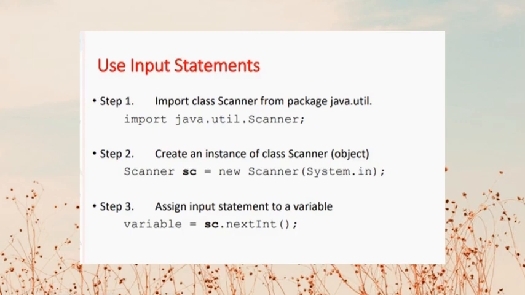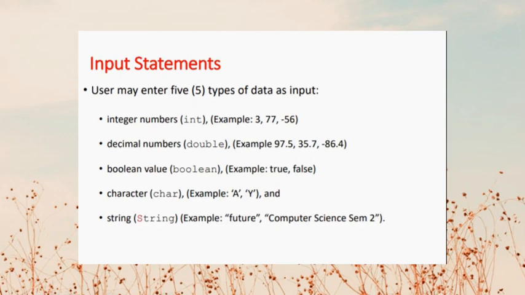A user may enter five types of data as input. For example, integer numbers, int, for example 377, -56. Then decimal numbers, we usually use double, for example 97.5, 35.7, -86.4.